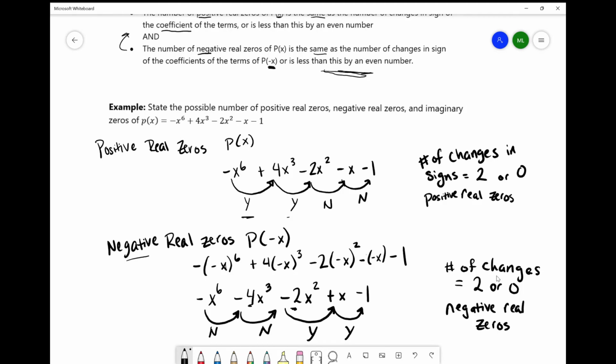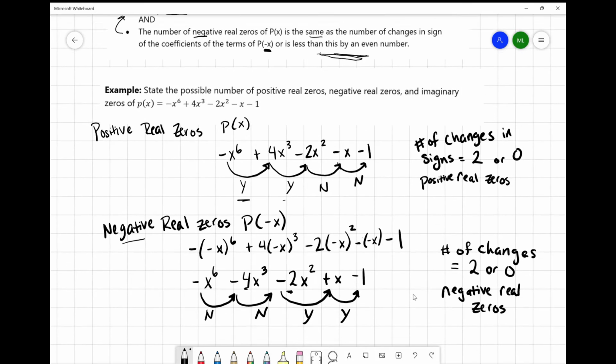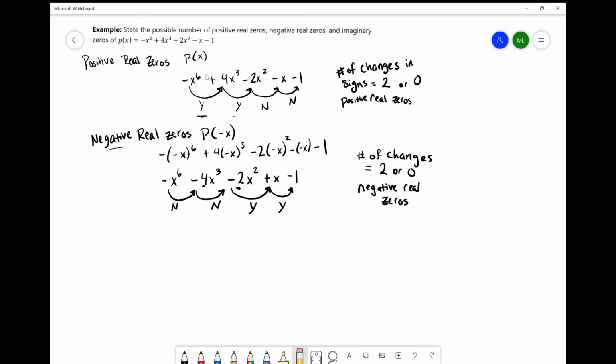But then what about our imaginary? So how could I write this out? Okay, so your next step after you've done the Descartes rule of positive real zeros and negative real zeros. We found that you could have 2 positives or, less than that by an even number, 0. Same thing with our negatives. But the next step that you need to do is create a table.